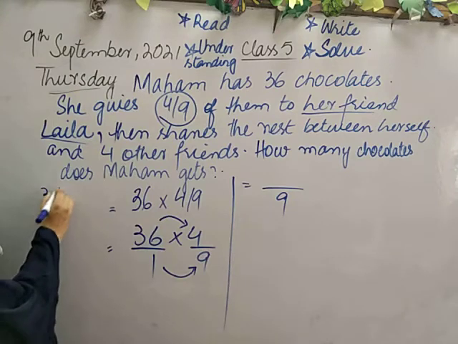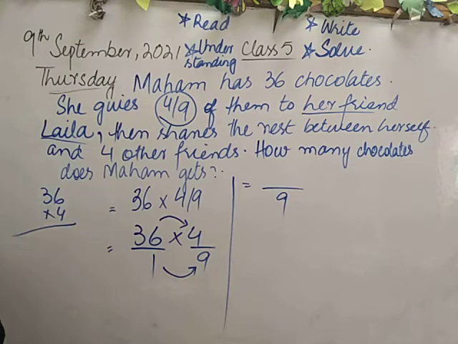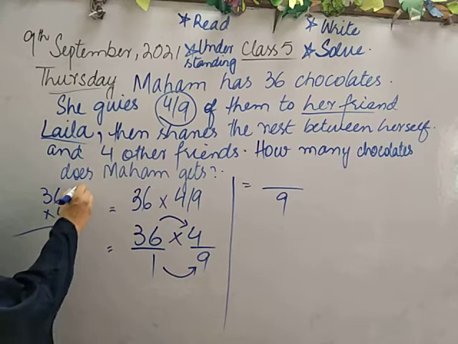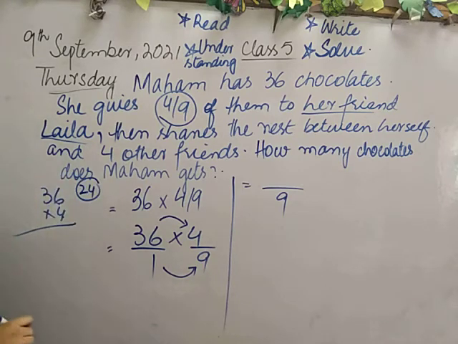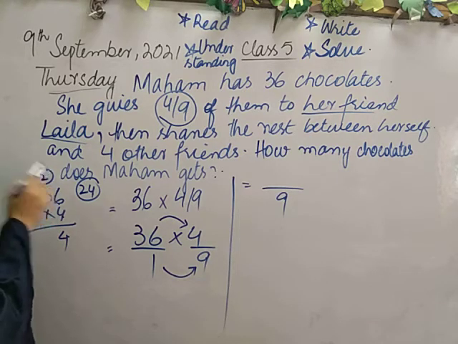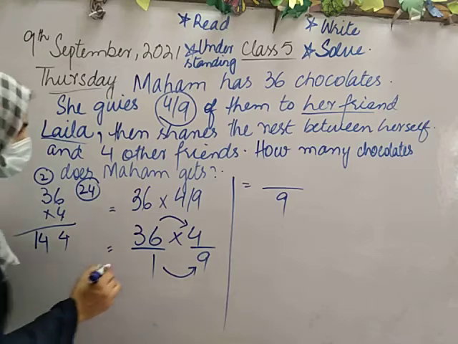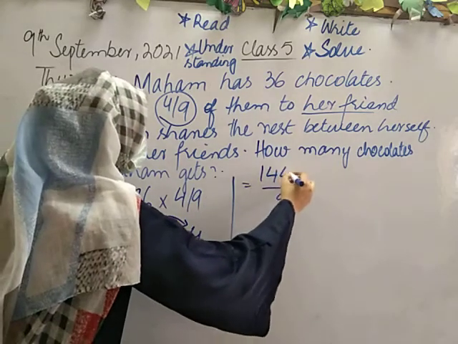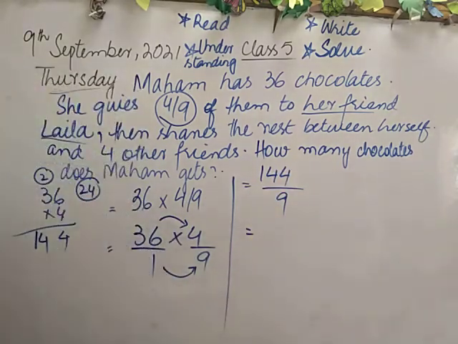So when we will multiply 36 into 4, we have 6 into 4 class 24. 2-digit number. I will write the number which is at right side, which is 4, and 2 as a carry. Now 4 3 times 12, 13, 14. I have 144.